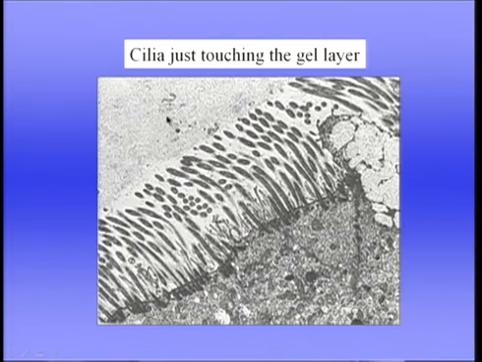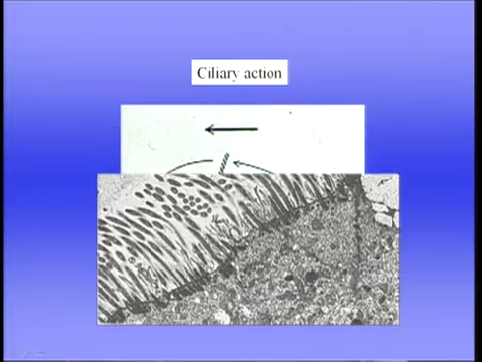And incidentally, you can see that the gel layer is more electron dense than the sol layer, which I think would fit with the fact that it is stickier, more viscous, got more stuff in it. So that's the gel layer, and this is the sol layer. This is the airway epithelium here, and I suppose this may be a goblet cell. It certainly looks as though it might be that.